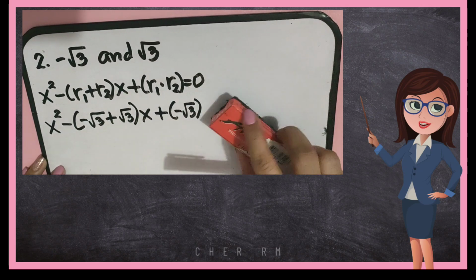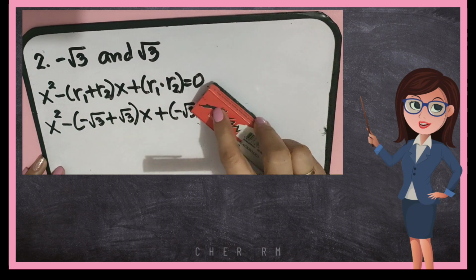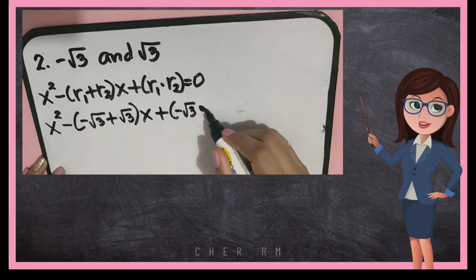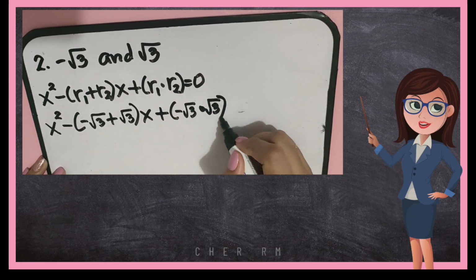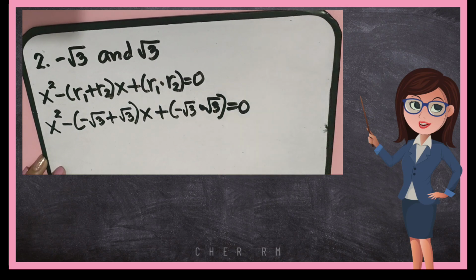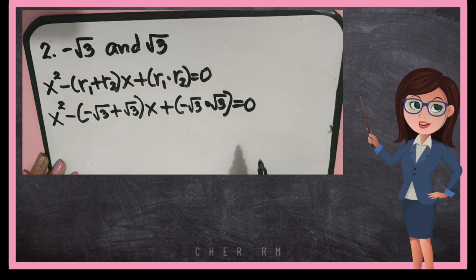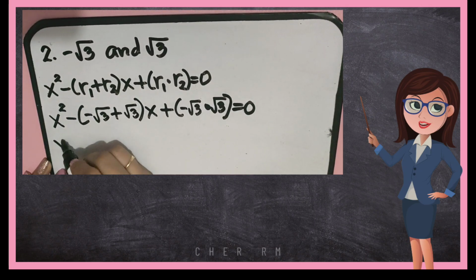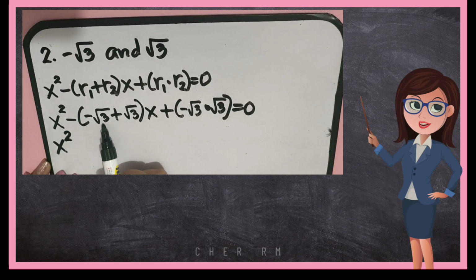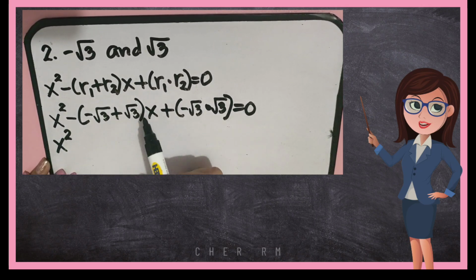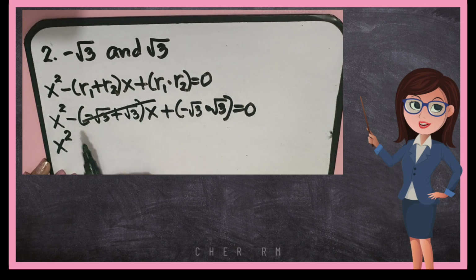Times square root of 3 equals 0. Then after that, simplify the result. So we have x squared. This one, negative square root of 3 plus square root of 3, so 0, or simply cancel it.